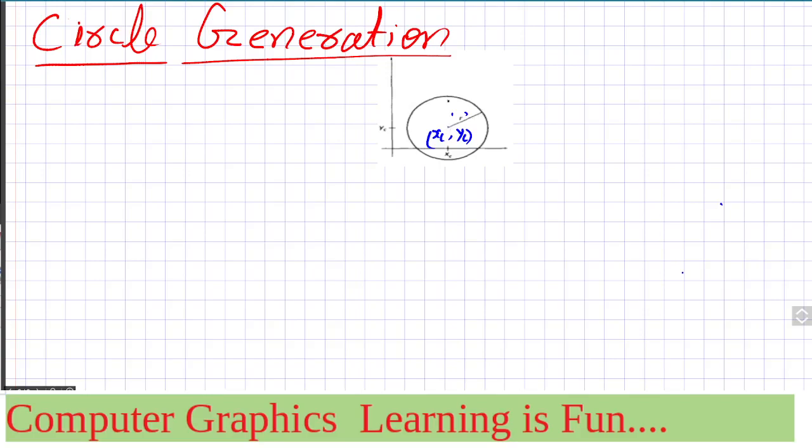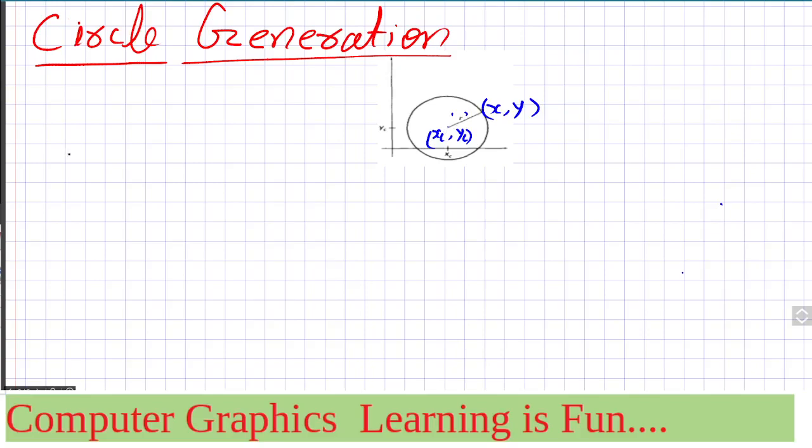So this is the very important thing using which we will try to plot the circle. All those points which are at the distance r from the center will be plotted, right. So suppose this is xc, yc, and let me consider x, y. What is the relationship between r and these two endpoints?